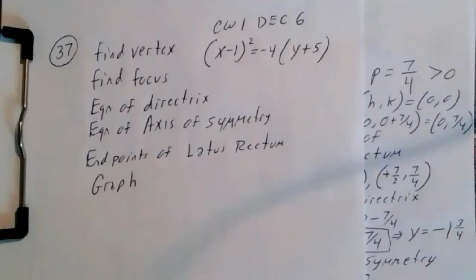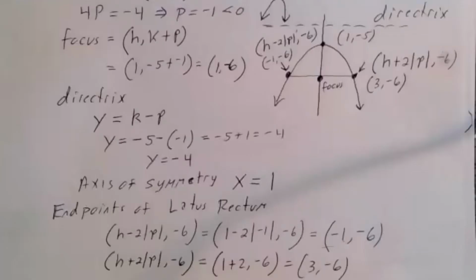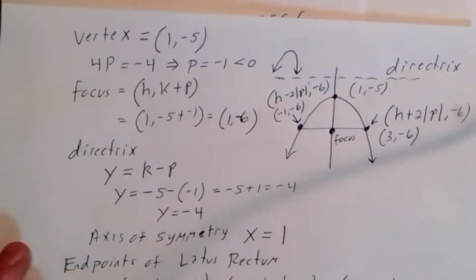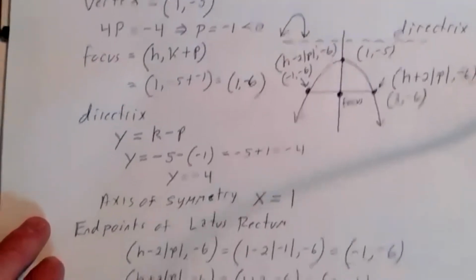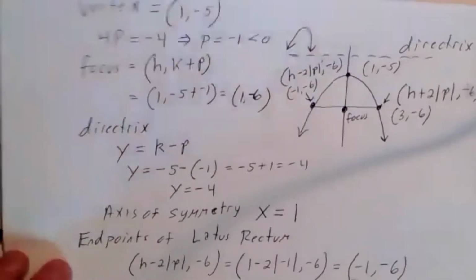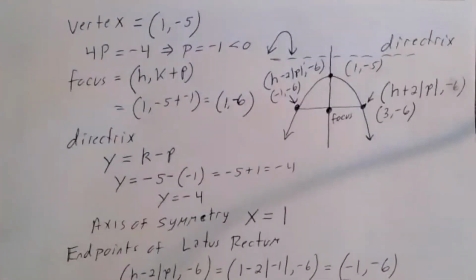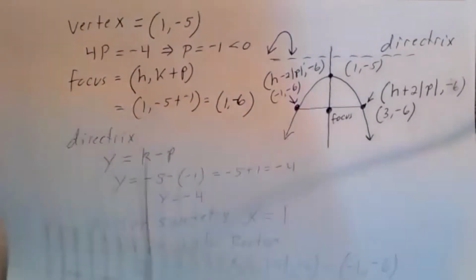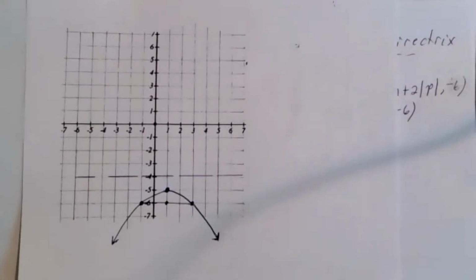All right. See if you can do all that. Okay. So solutions to classwork number 1. And again, this would be the graph of the parabola for classwork number 1.